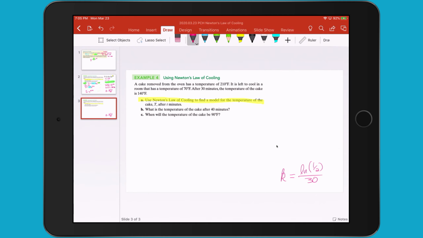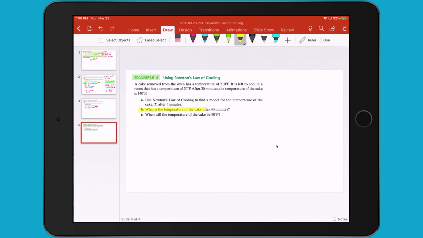And my model is that the temperature in general is equal to 70, the temperature of the room, plus 140, that hasn't changed, e raised to the natural log of 1/2 over 30 times t. That is my actual answer for A. This is the point where I would say, are there any questions? But I guess you'll just have to email me those, and I'm going to roll right into part B.